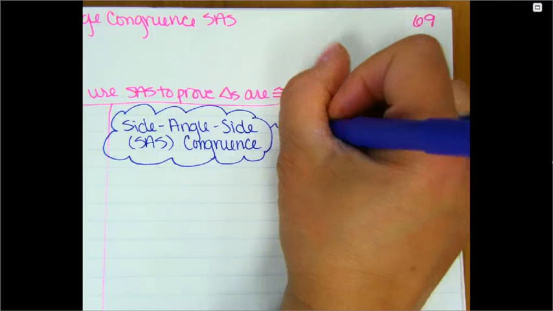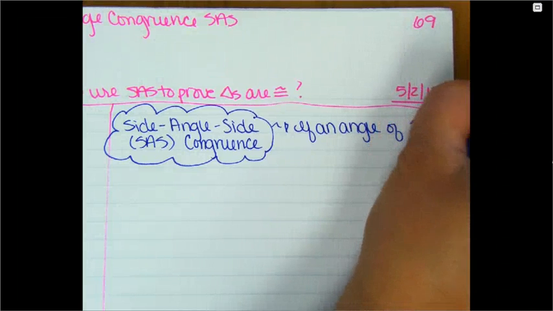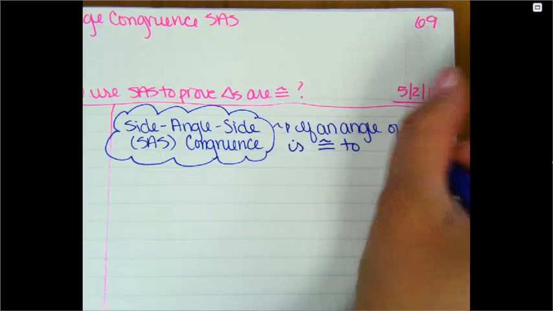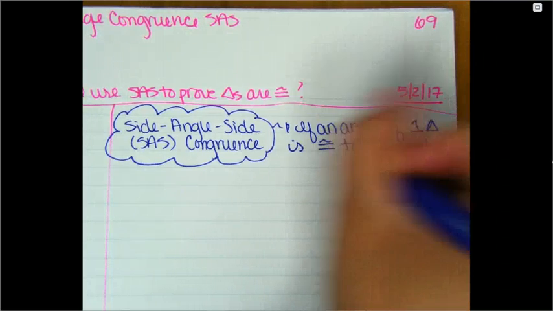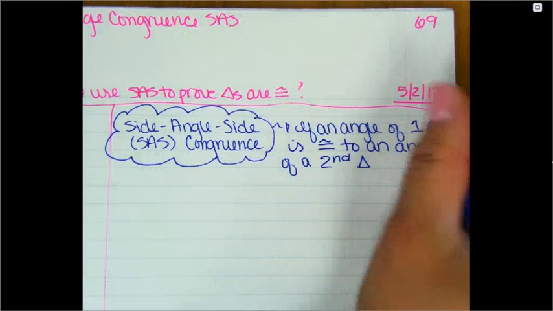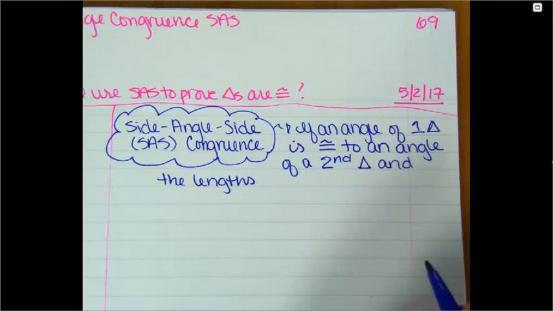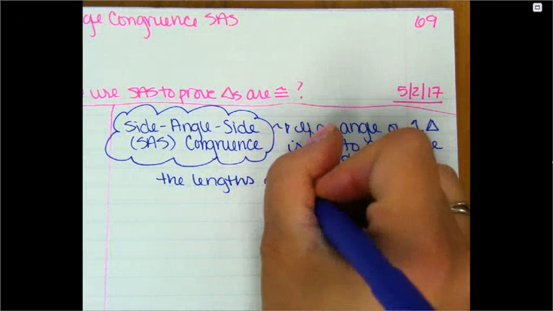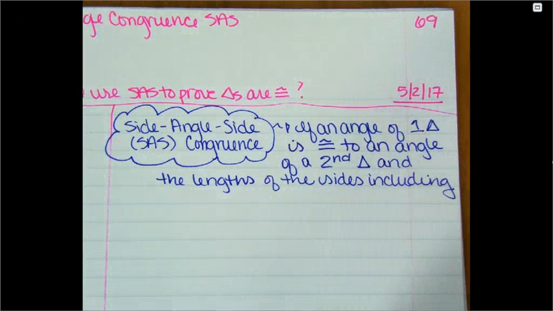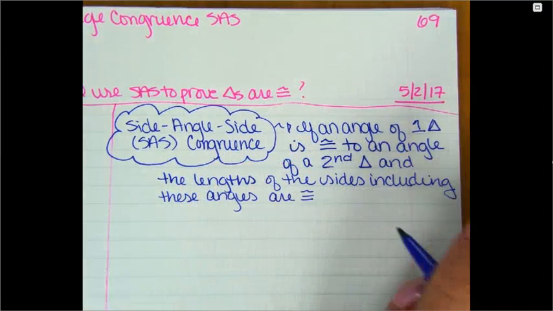It says, if an angle of one triangle is congruent to an angle of a second triangle, and the lengths of the sides, including these angles, are congruent, then the triangles are congruent.